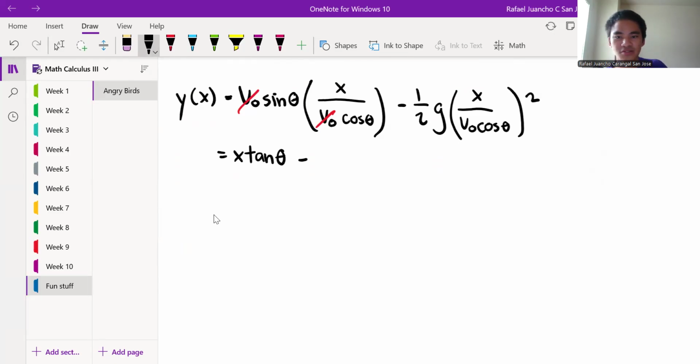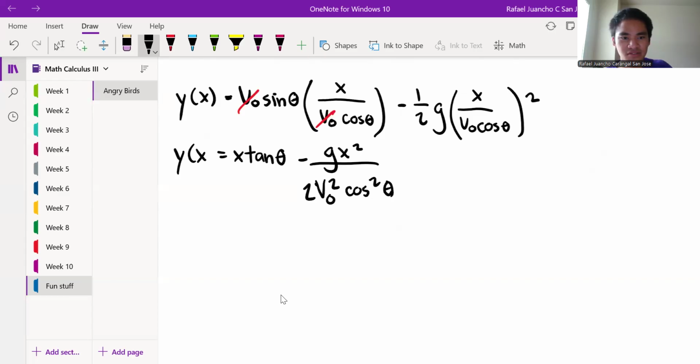So it's just going to be minus g x squared over v naught squared and cosine squared. We have the minus 1/2. Oh, I forgot the 2. The 2 should be down here. So 2 v naught squared cosine squared theta under g x squared. Now we've simplified, and that's basically the equation of our trajectory. That's the purple curve that we want. So now we're done. That's y of x.